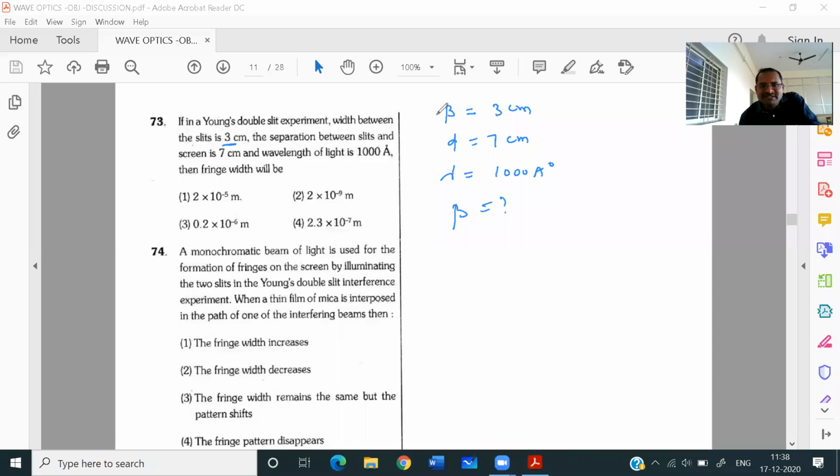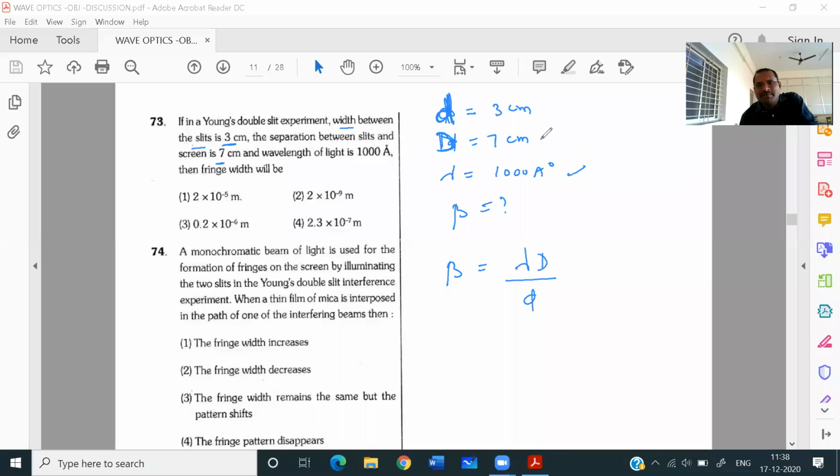Sorry, the width between two slits is small d, which is 3 centimeters. The separation between slits and screen is capital D, 7 centimeters. What is the fringe width? Direct formula: lambda capital D by small d.